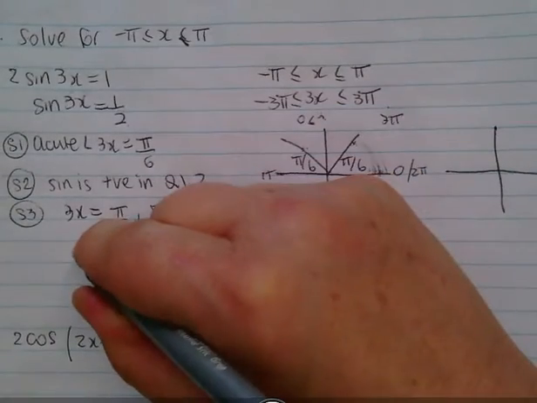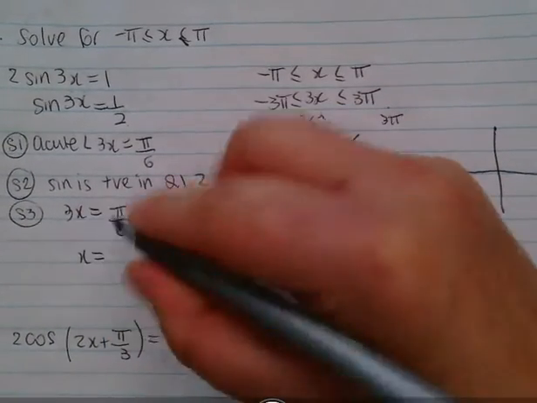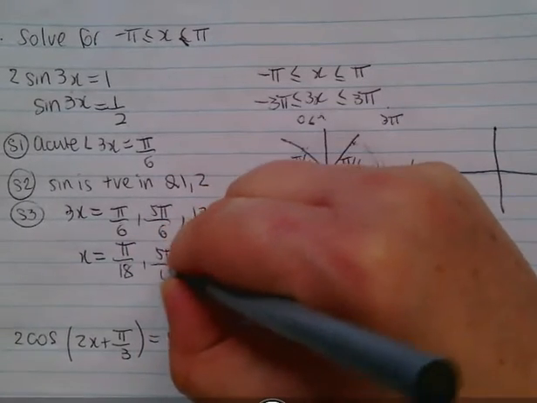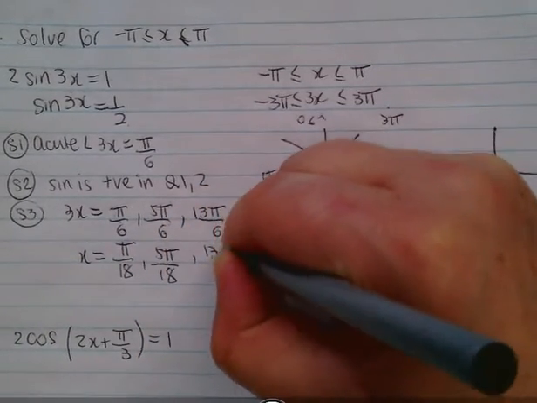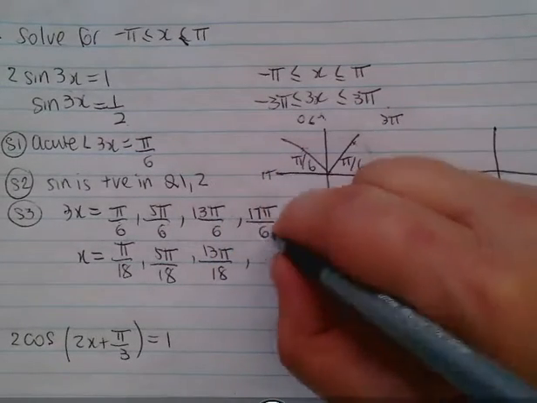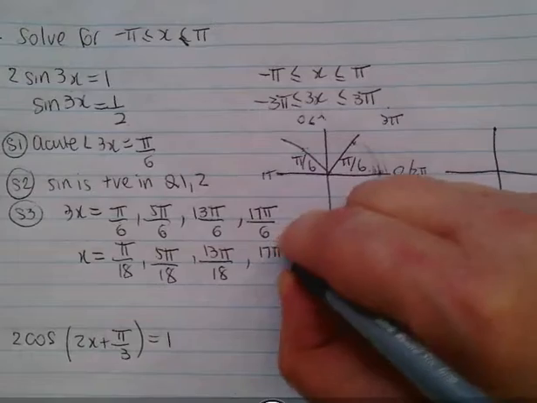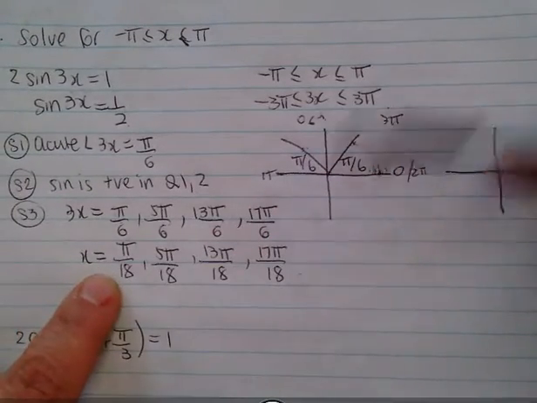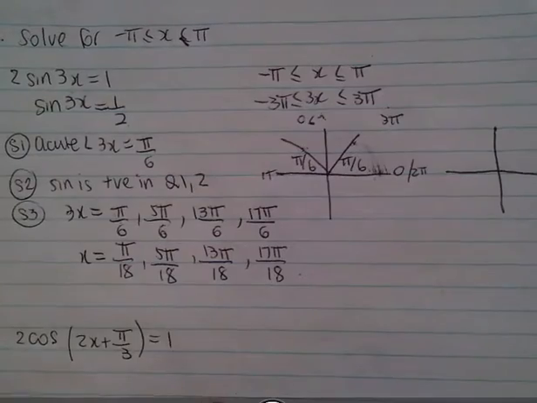And then I would need to divide these all by 3, so you get pi on 18, divide this by 3, 5 pi on 18, this one, divide it by 3, 13 pi on 18, and this one, divide it by 3, 17 pi on 18, and I can see that these all lie between 0 and 1 pi. But they're my positive angle results.